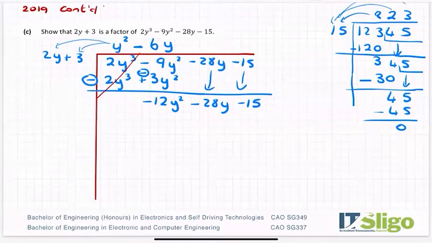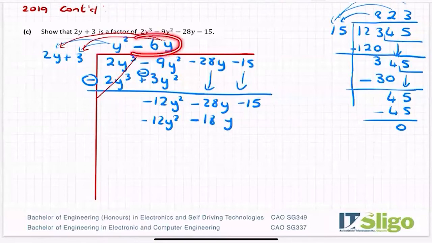So now what we do is we multiply that minus 6y by the two parts again. Minus 6y by 2 does give me minus 12y squared. Minus by plus gives me a minus. 6 3's are 18y. So minus 6y by 3 gives me a minus 18y.